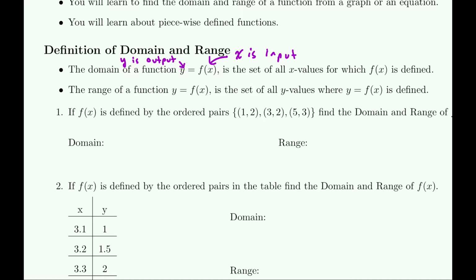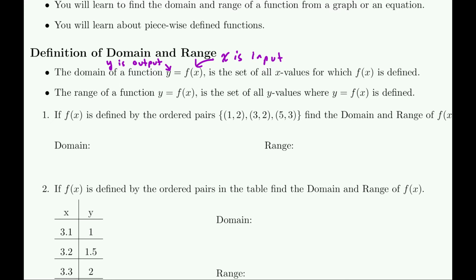If you're given a problem like this first example, which is not labeled as an example, if f of x is defined by these ordered pairs, and we want to find the domain and the range of f of x, you just have to keep in mind what you're doing here. Which one's the input, which one's the output, which one's the x, which one's the y. In each pair, there's an x and a y.